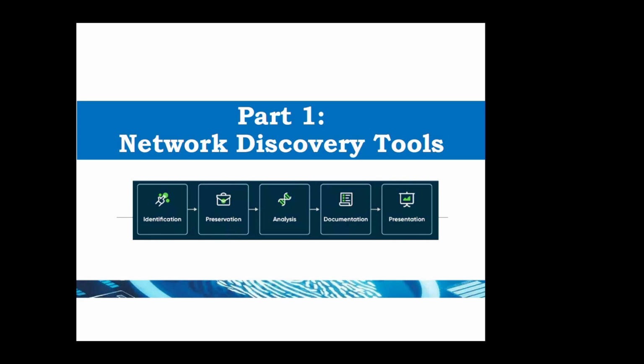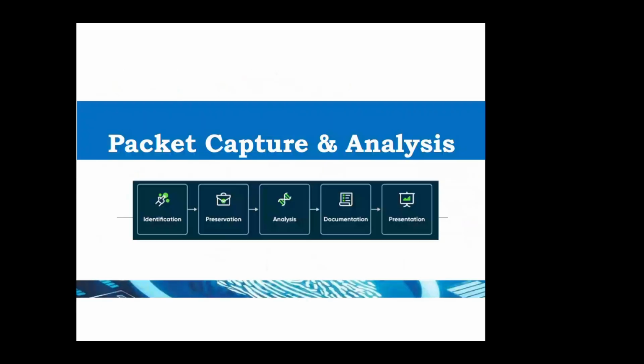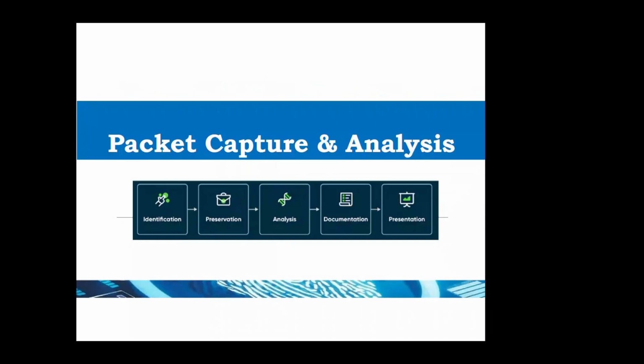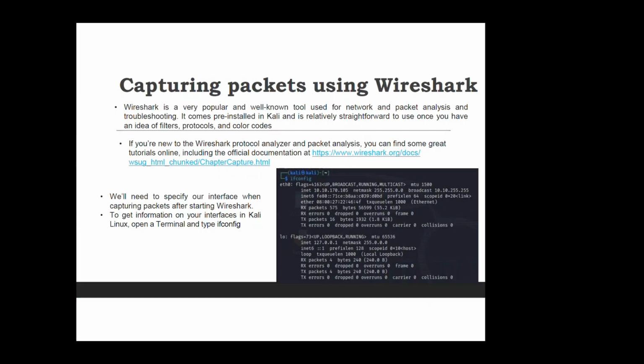Other than that, you can have network and packet capture and analysis tools as well. Later, you will go for Wireshark. Wireshark can be both a packet capture and a packet analysis tool, two in one, right?